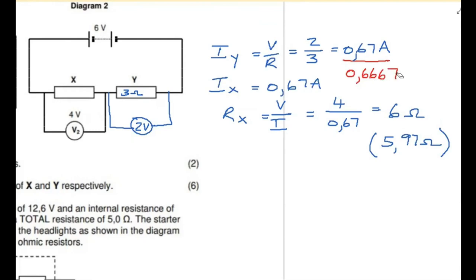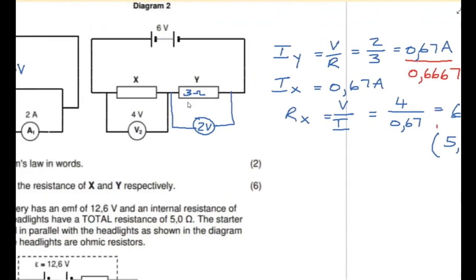So let's see if we do that. If I go 4 over 0.6667, then yes, I get 6 ohms. So that's one way of making sure you don't have to worry about holding something in your calculator: keep at least 4 decimal places in between.